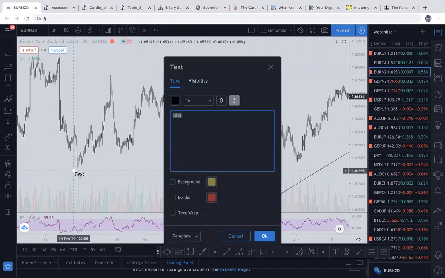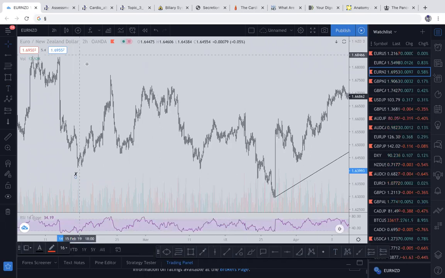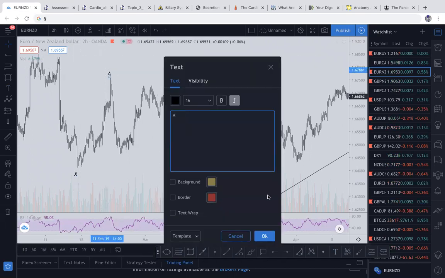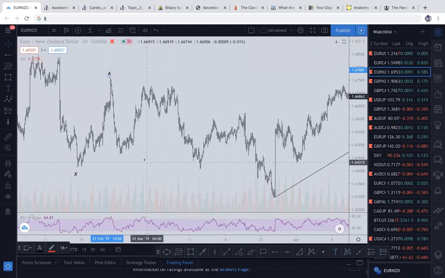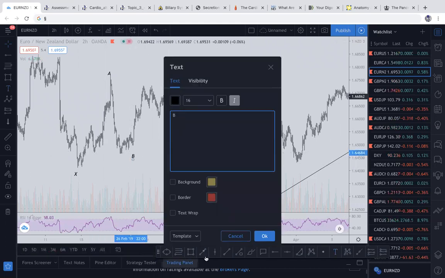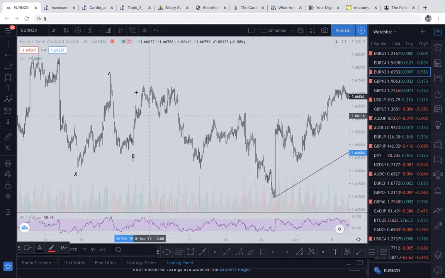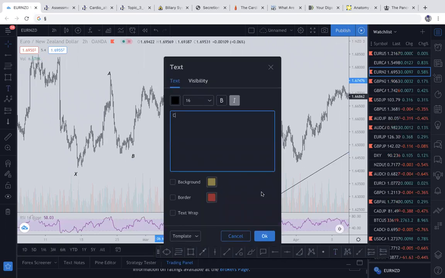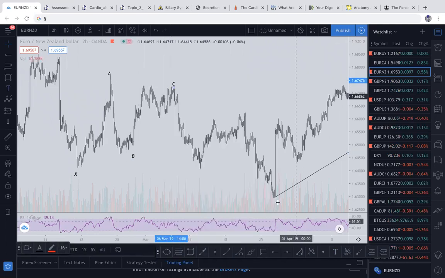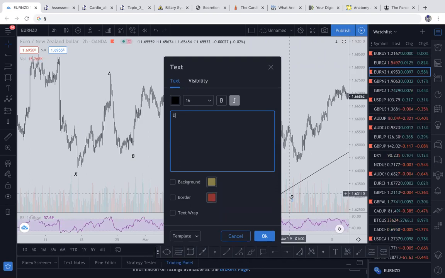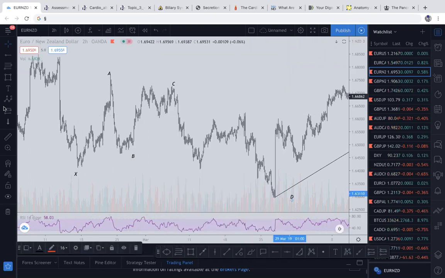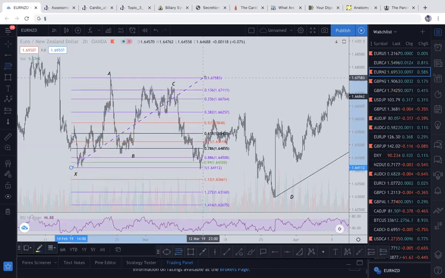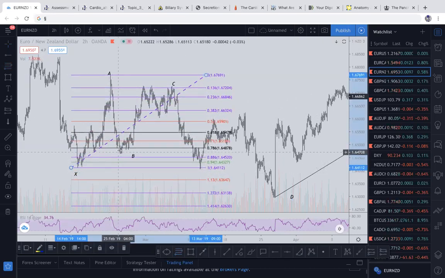X, A, B, C, and D area. So if I should put my fibs from X to A, what do I have? 78.6. So what pattern is this, guys?